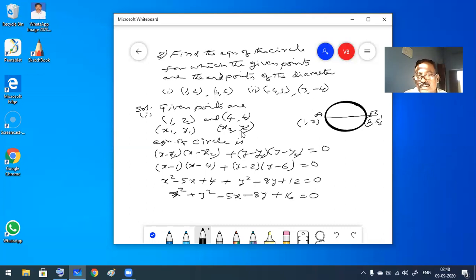These are the end points of the diameter, so this is the equation of the circle. Next, another one is also there, the second one. I will rub this. We will solve the second one.